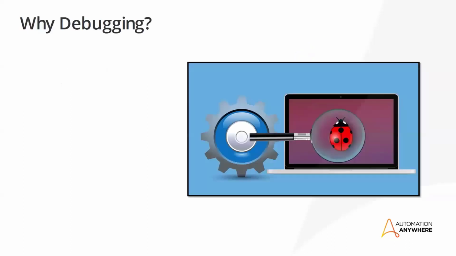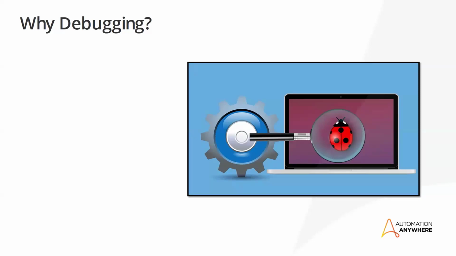So why do we need debugging? If someone directly builds a bot and tests it out and everything is working as expected, they can productionize the bot. Even if there are no known errors and your bot is running fine, then you don't need debugging.